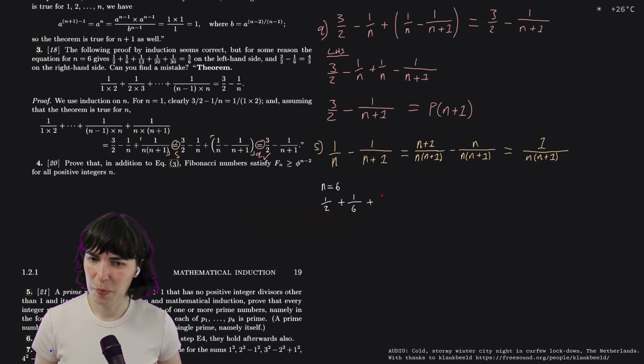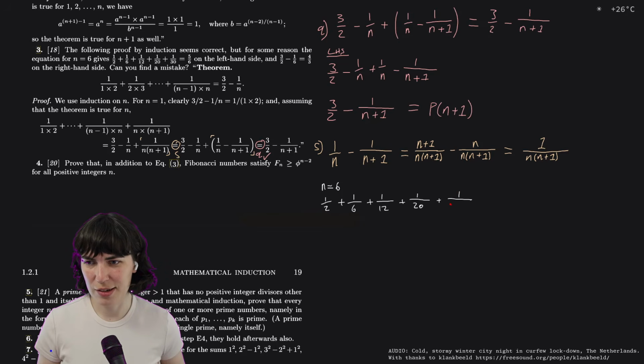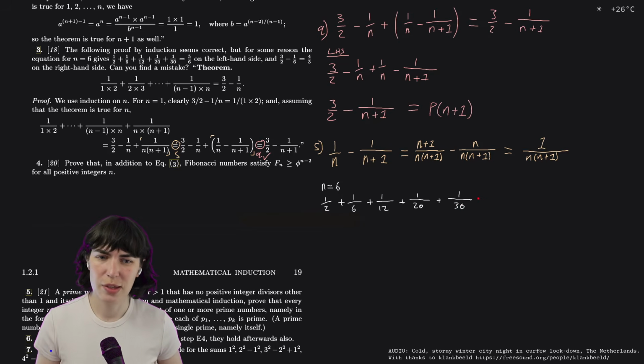Then we've got 1 over 3 by 4, which is going to be 12. Then 1 over 4 by 5, which is going to be 20. One over 5 by 6, which is going to be 30. And then that works out to 5/6, as Knuth says.